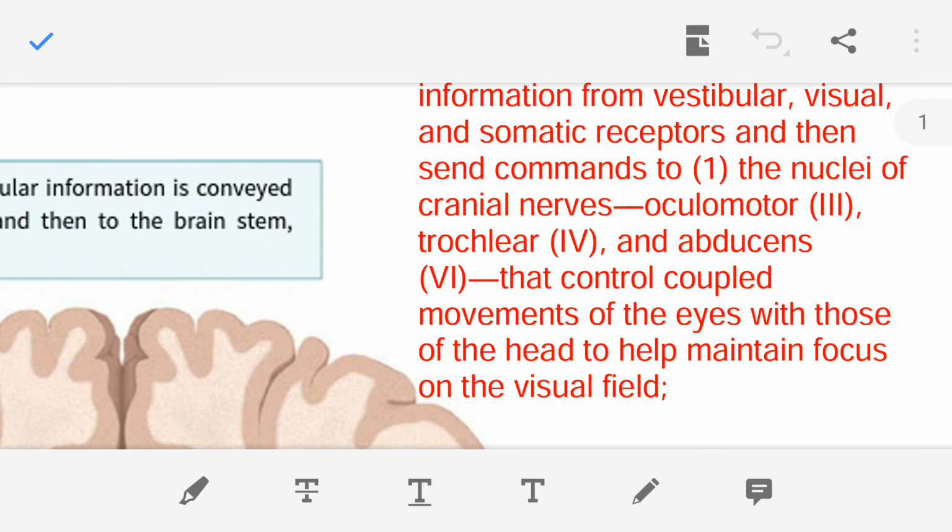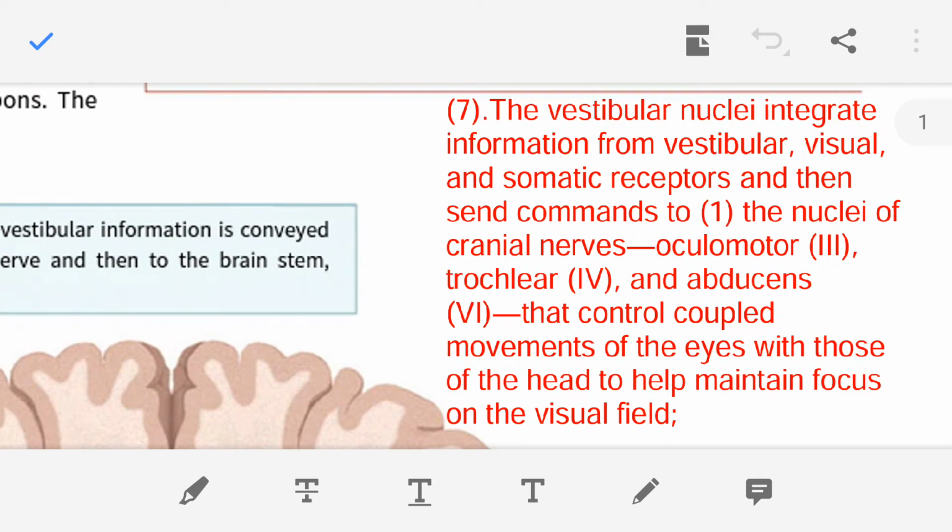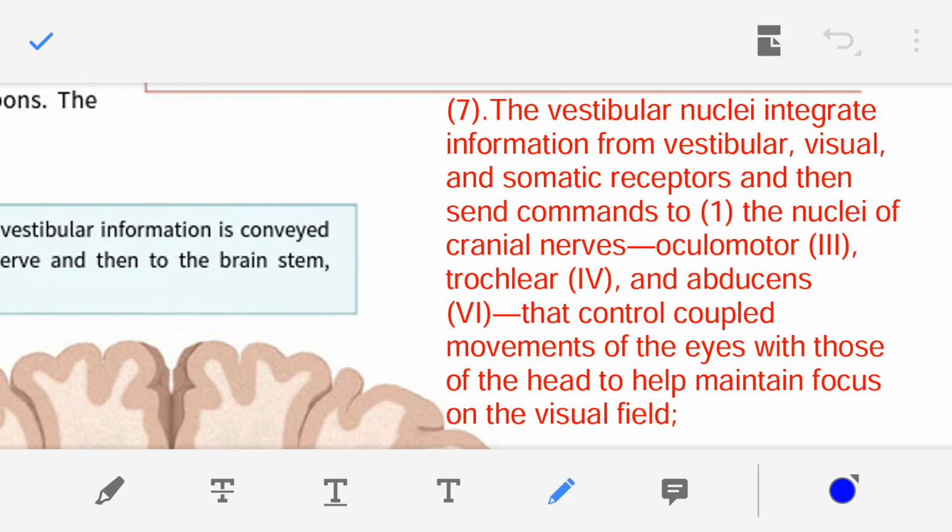Simply, from the vestibular nuclei the nerve impulses enter these three nuclei of the cranial nerves, and these three centers control the movement of the eye and also the position of the head, maintaining focus on the visual field. The visual field means the area up to which we can see.